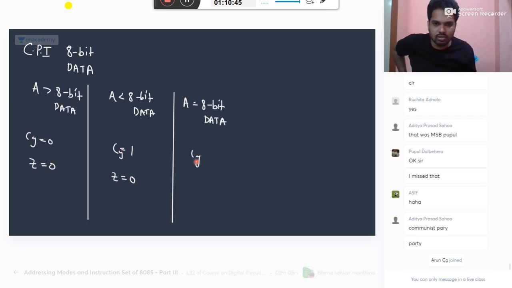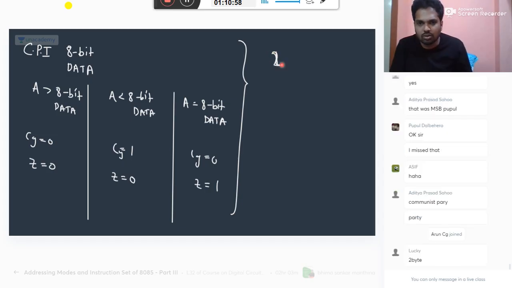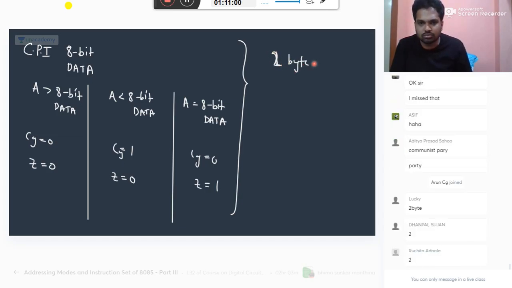Next, what is the addressing mode? Immediate addressing. All flags affected.